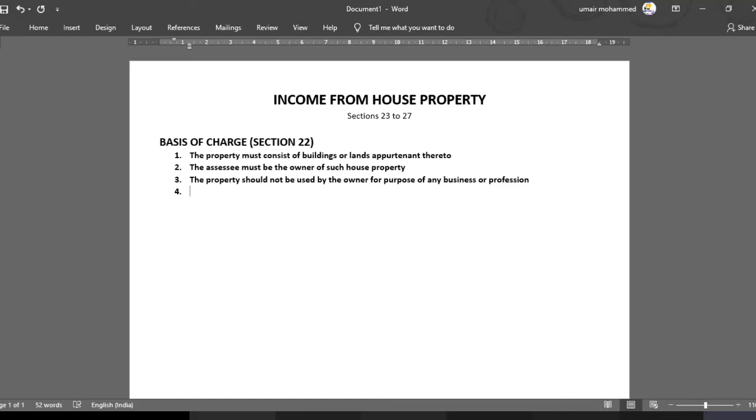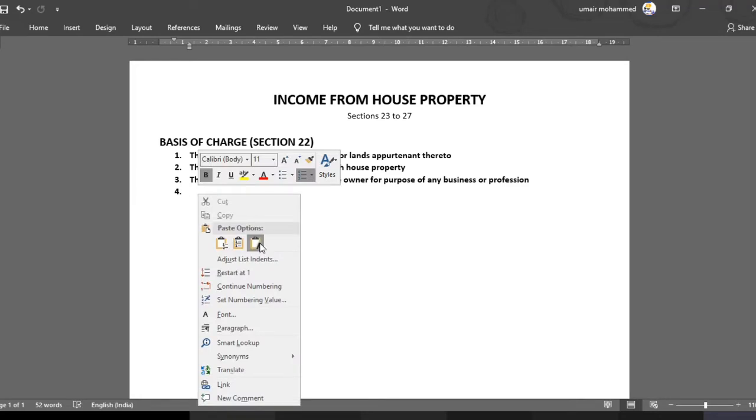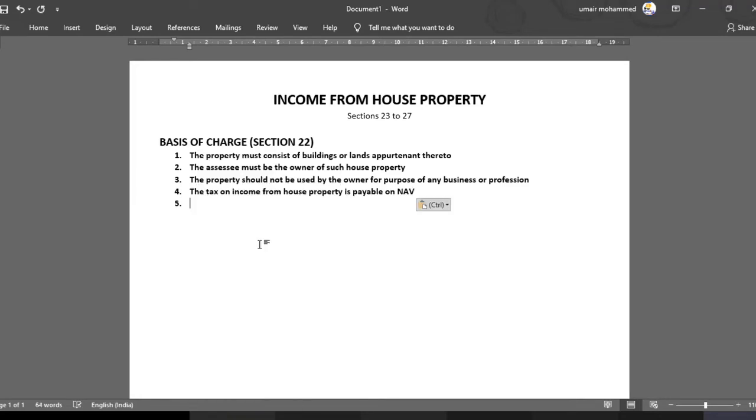The rent what you're getting from your tenant is called income from house property. But the answer is no, because the provisions we are discussing here say that the tax on income from house property is not payable on the rent what you're getting. No, the tax is payable on NAV after deductions.